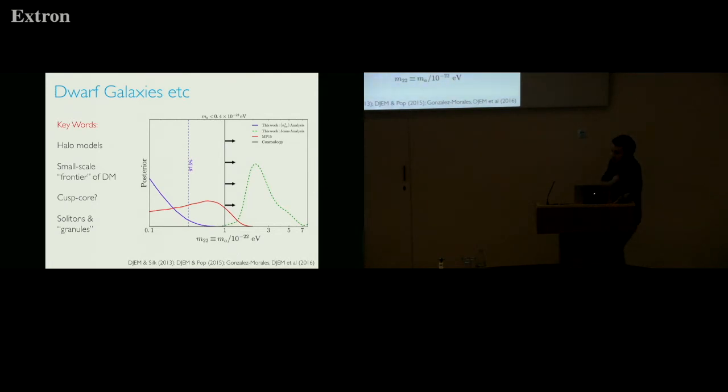But we're better than that. We also did N-body simulations, and we tried to work out whether the Jeans analysis was biased or unbiased. And it turns out that due to the anisotropy degeneracy in the Jeans equations, Jeans analysis is biased, and you cannot use it to infer the mass of the axion from density profiles.